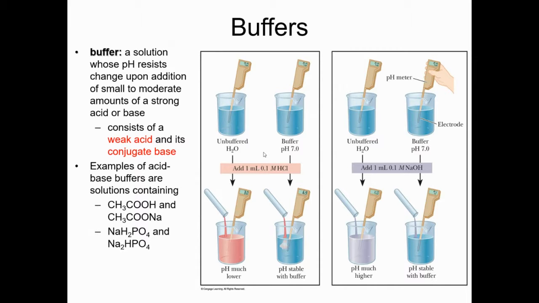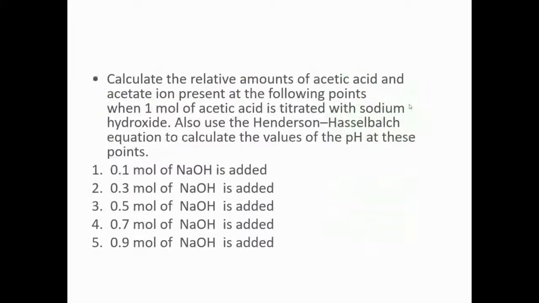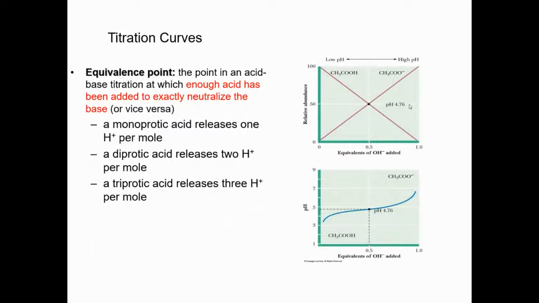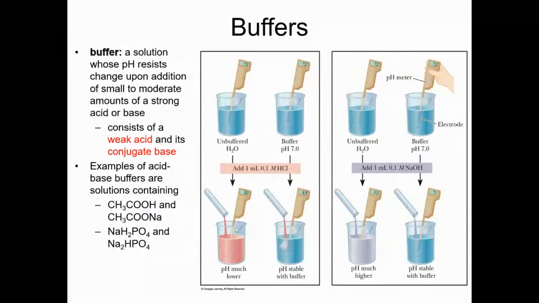And the buffer can resist dramatic changes in the pH. If you don't have a buffer, then the pH changes dramatically if you add something, let's say you add acid here. But if you have a buffer, then it will resist the change of the pH.